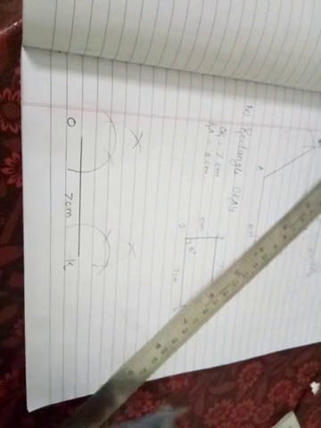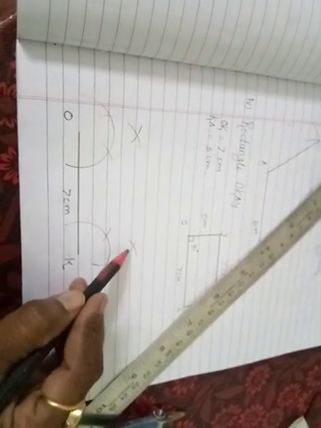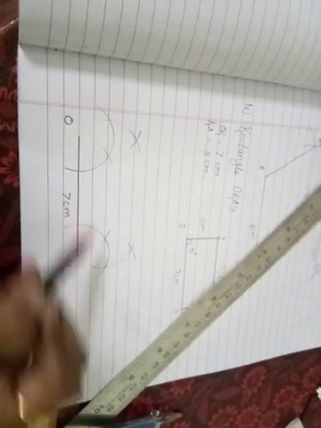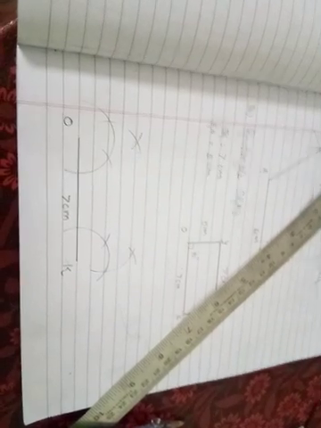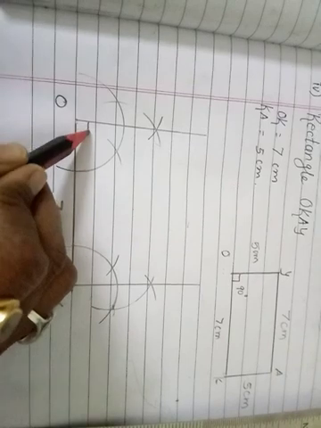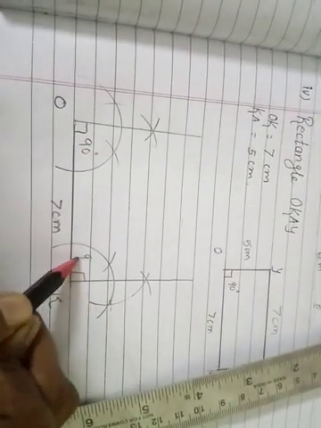So again we are getting 2 intersecting points. So we join this point and this point so that we are getting the 90 degree angle. So this is our 90 degree angle and here also it is 90 degree angle.